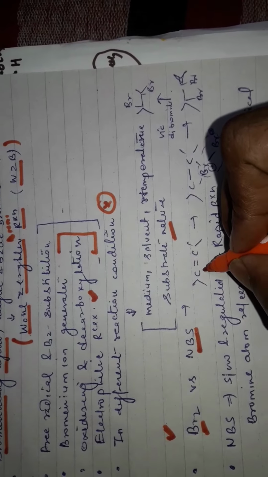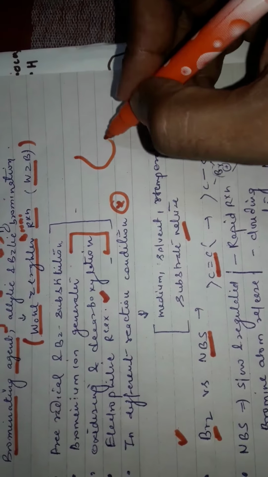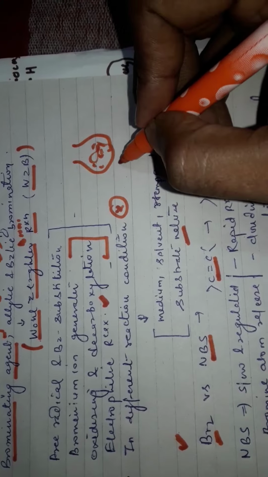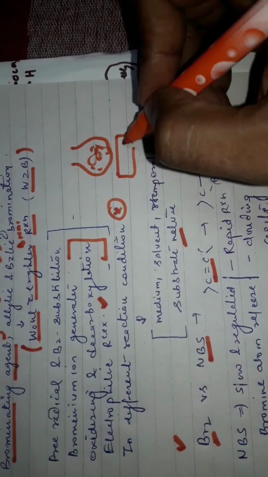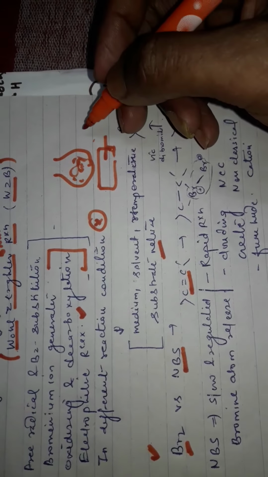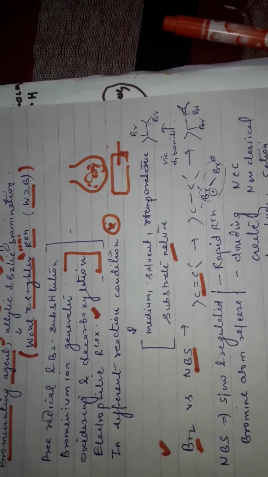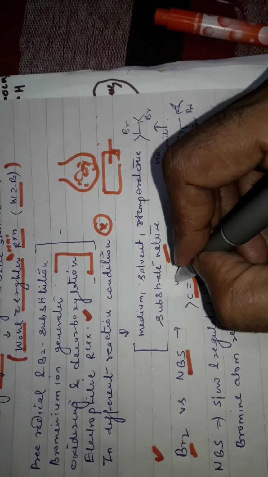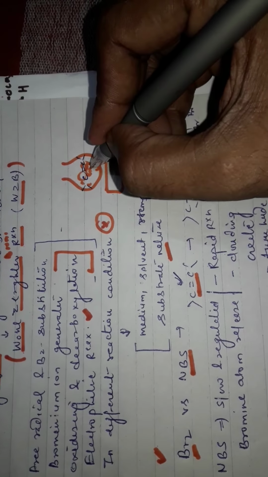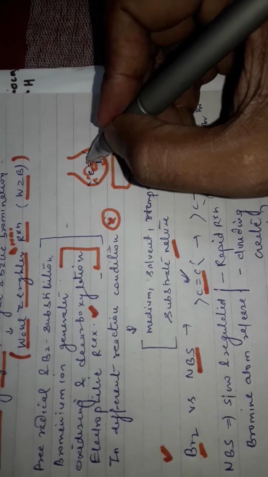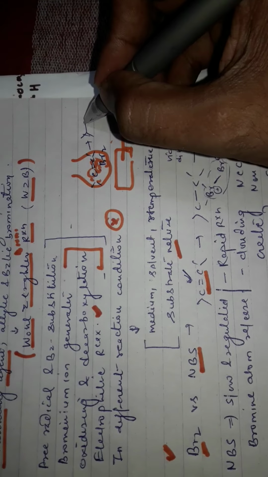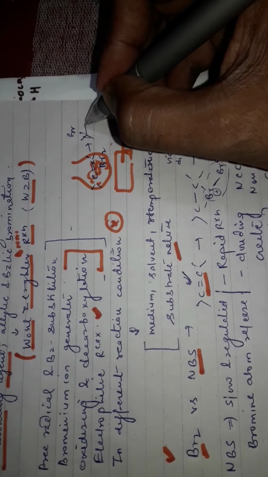Suppose a reaction is carried out in a solvent on a hot plate at a condition of 30 or 40 degrees Celsius. If we react the reactant with bromine, it will instantly react with this molecule and produce this structure, a vicinal dibromide.